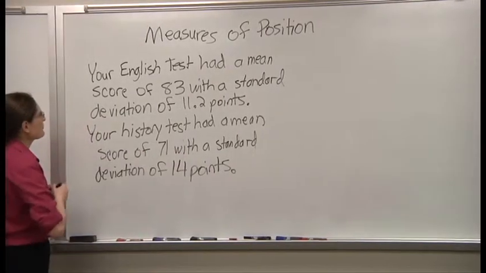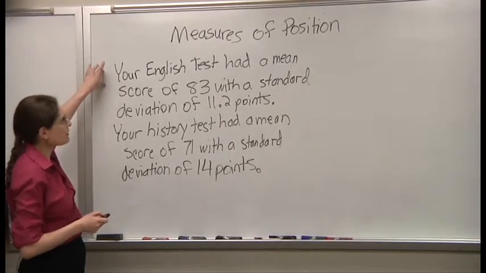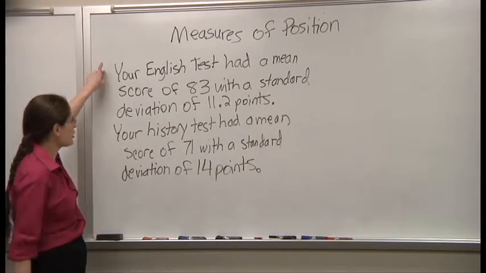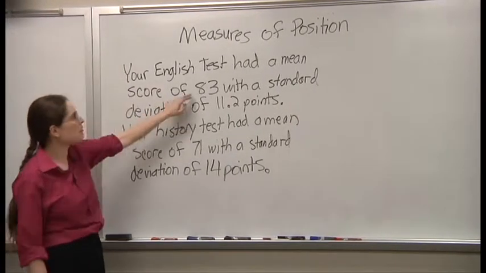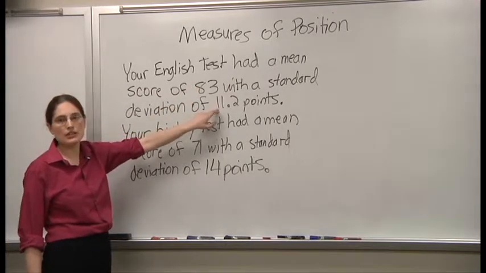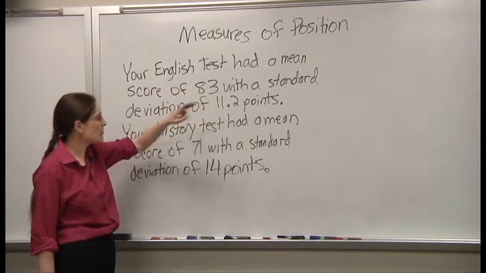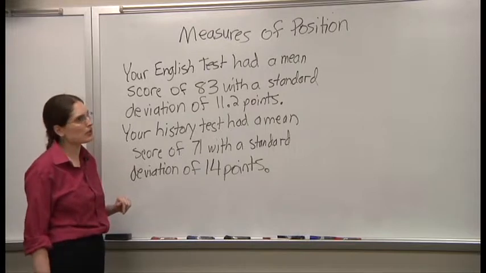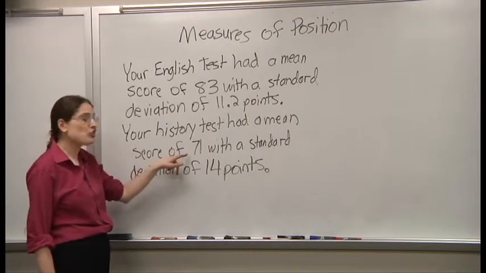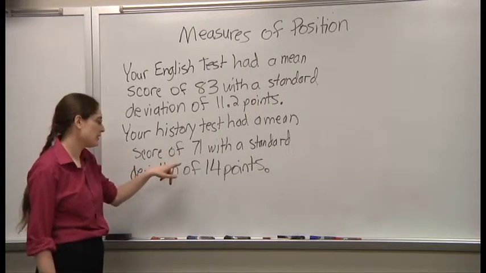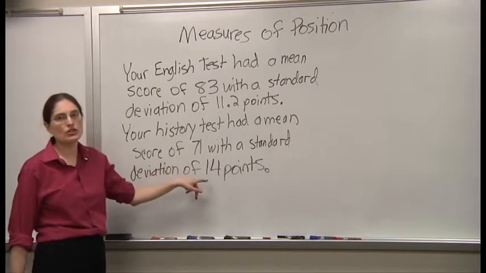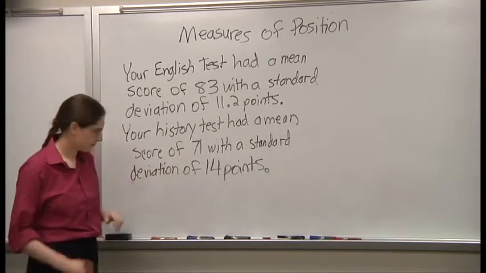So, your English test wasn't too terribly hard. The mean score was 83 and the standard deviation was 11.2. Your history test was a lot harder. The average was only 71 and the standard deviation was 14 points.